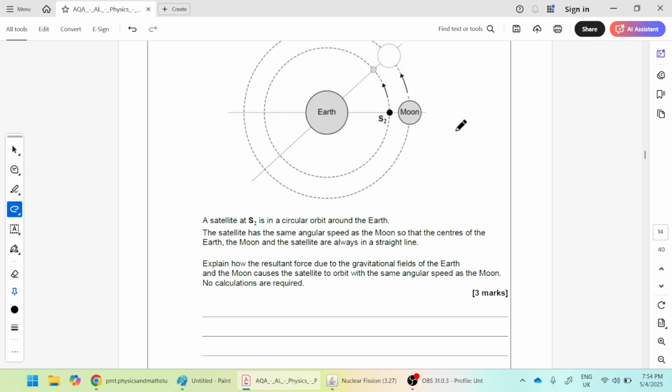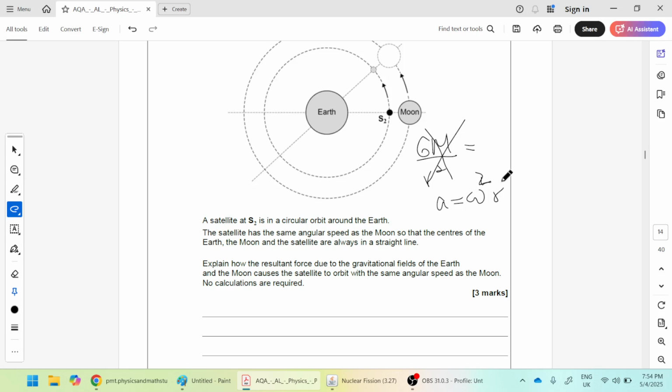So, if we use gravitational force GMm over r squared, hold on. No, actually, we don't even need that. If we use a equals omega squared r, I think it makes it very clear.